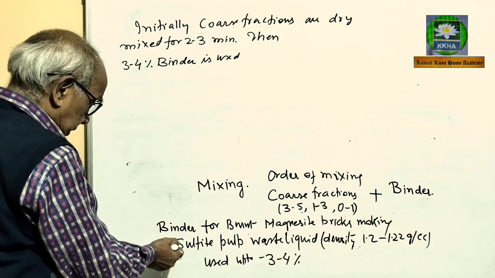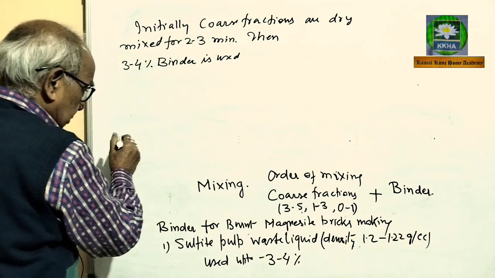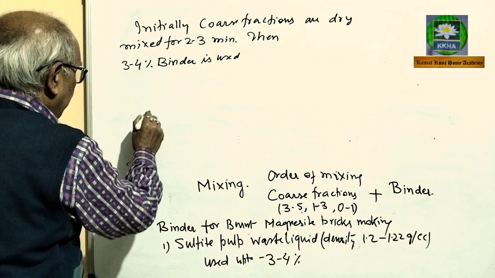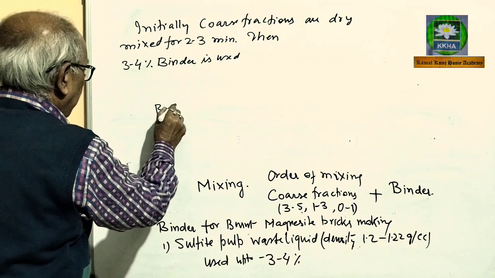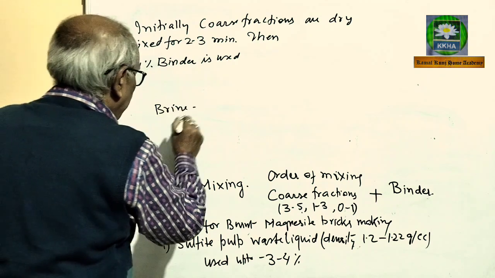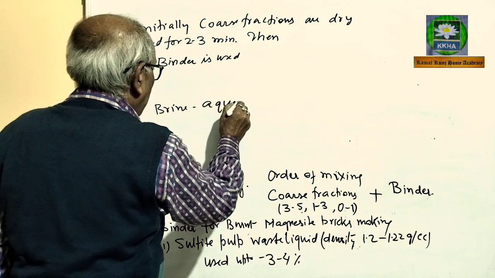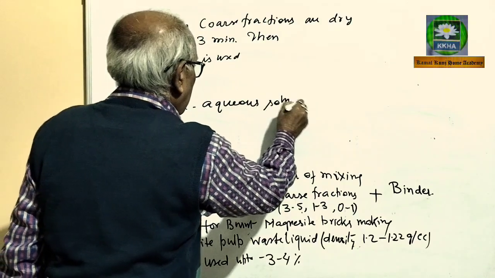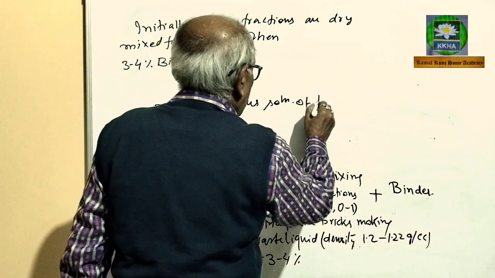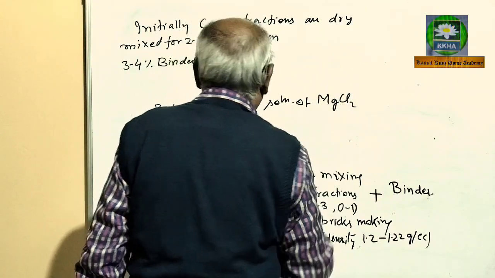Now, besides sulfite lye, another binder for making burnt refractory is brine. Brine is an aqueous solution of magnesium chloride.